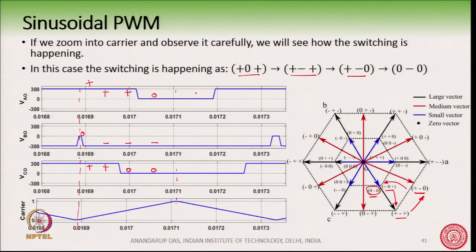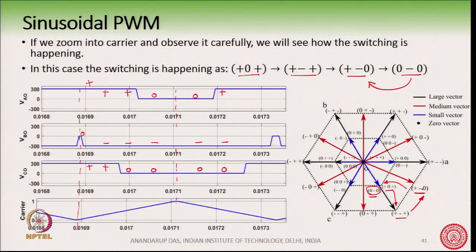And now it will go back. After this is the end, from here we go 0 minus 0. So, we have reached here, now we are going back 0 minus 0, then again plus minus 0. We started from here, we went like this, and now we are again coming back plus minus 0.